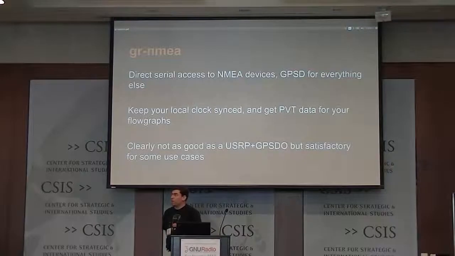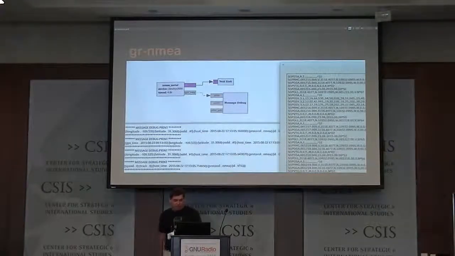If you have any protocol other than NMEA, just run it through GPSD. That will also get you automatic time synchronization, so you can then use gr-nmea to timestamp your recordings and to inject position, velocity, and time tags into your spectrum streams.